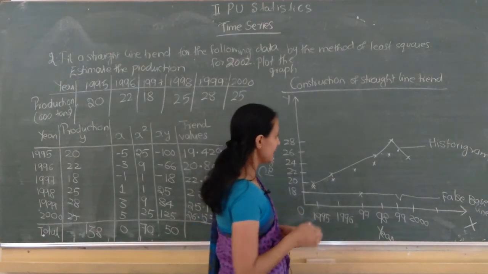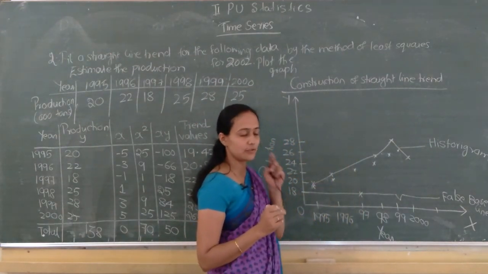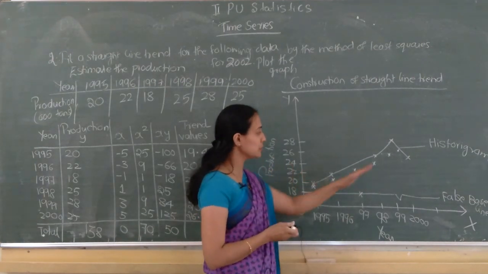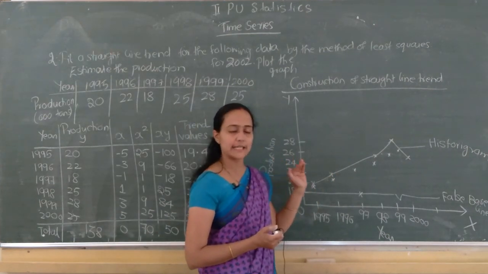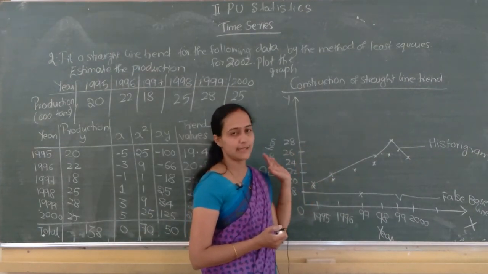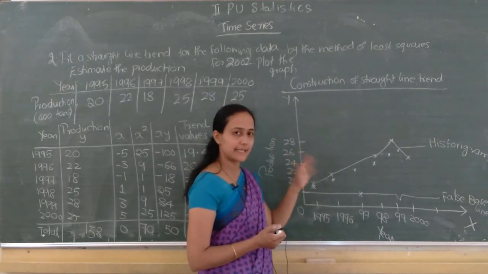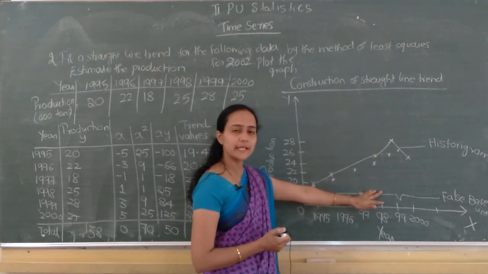Next, see here most of the points are under the straight line. Place the scale and see how many points come under the straight line. Some may disperse here and there. Even if they disperse, no need to worry, let it be. Draw the line so that the most points fall under it. Only a few deviate, and the deviated ones can stay, no problem. So from here to here it should be a straight line.